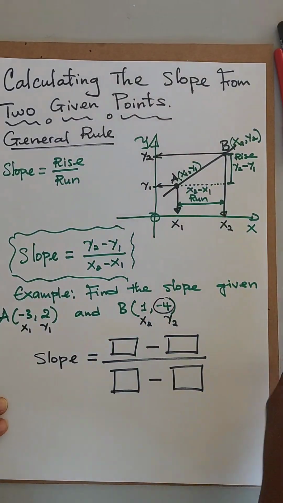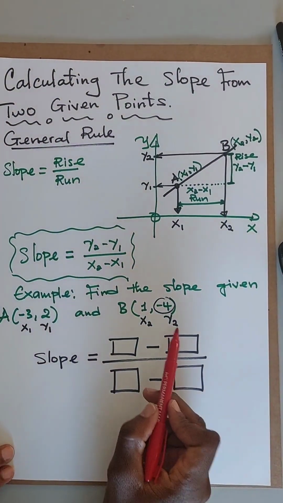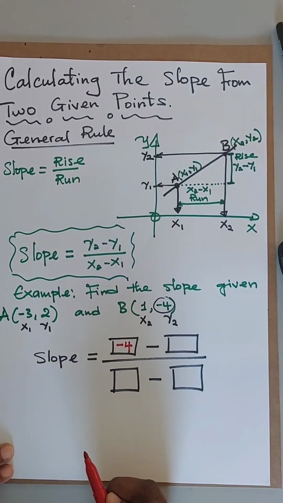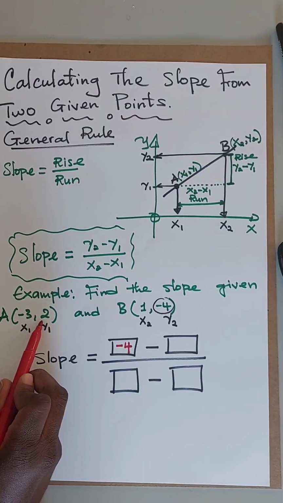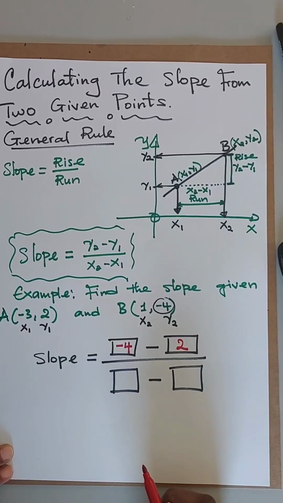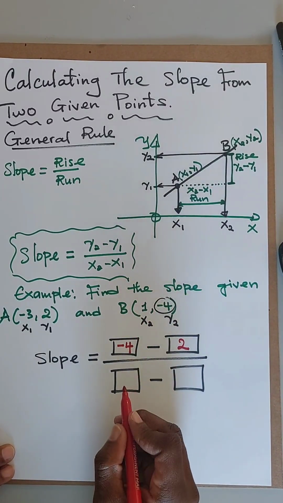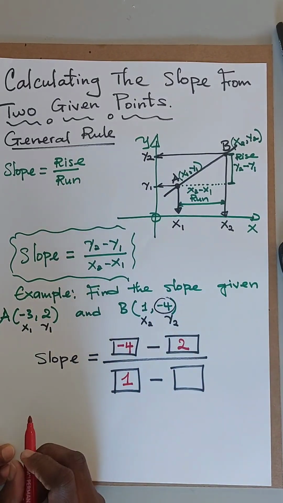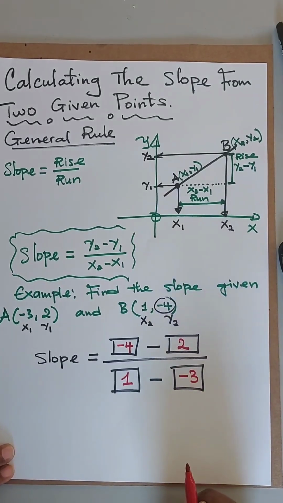That said, the slope now will be y2. You can see here that our y2 is -4, so you put -4 in that box, minus y1. y1 is over here for the other point. You can see y1 is 2, so you put 2 in that box. So x2 is 1. You put 1 in this box, minus x1, which is -3. Put -3 in that box.